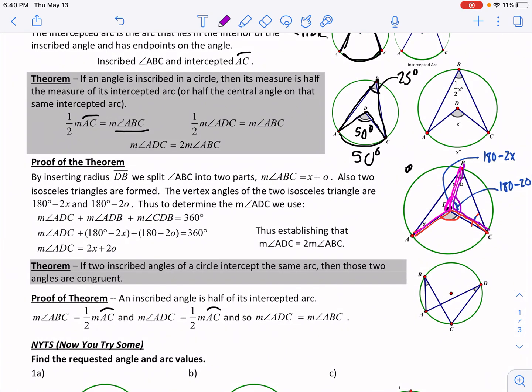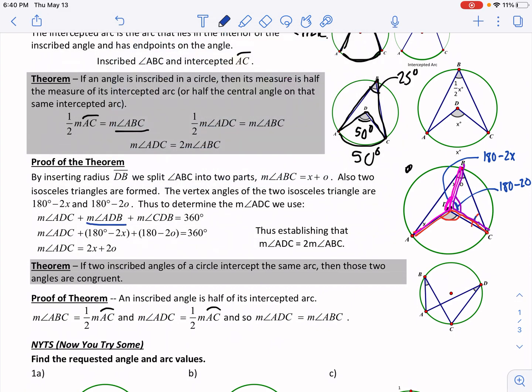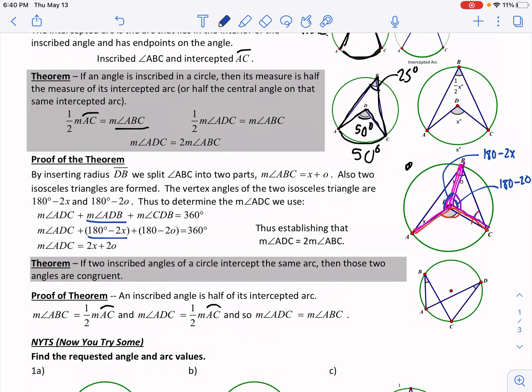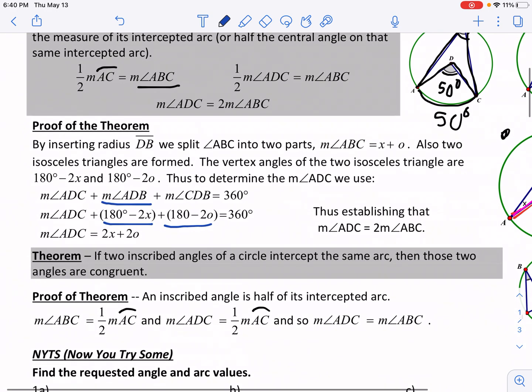Now, go back to what we said before, though. We said that the measure of ADB here is 180 minus 2x, and the measure of CDB, this guy right here, is 180 minus 2o. So we can replace those in, and then we'd have the measure of ADC plus 180 minus 2x plus 180 minus 2o is 360.